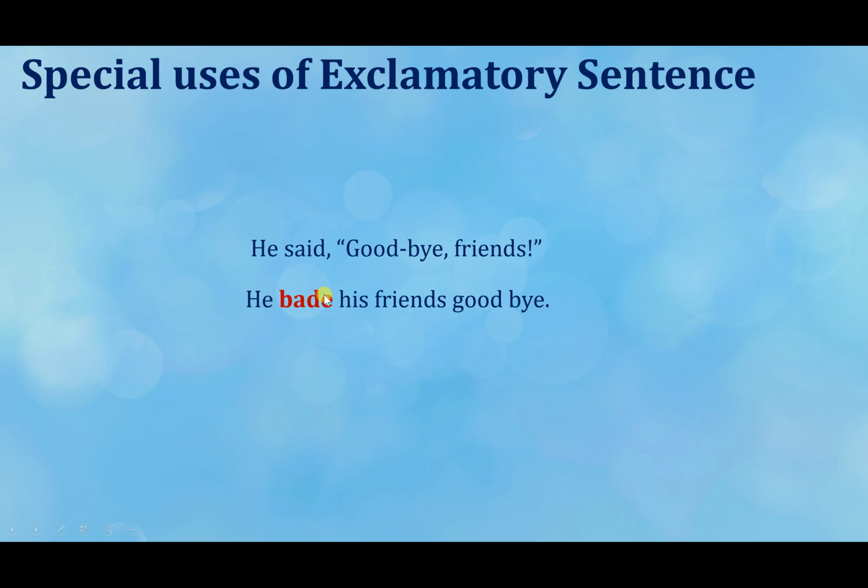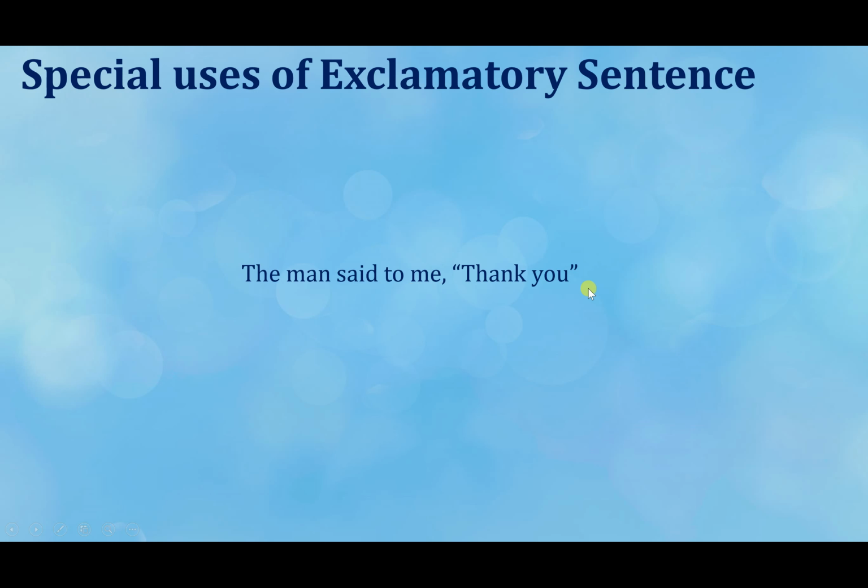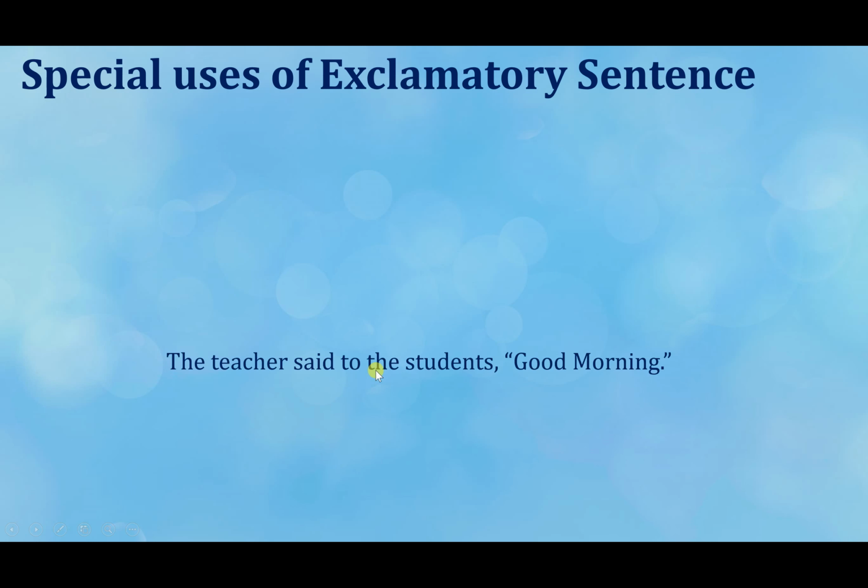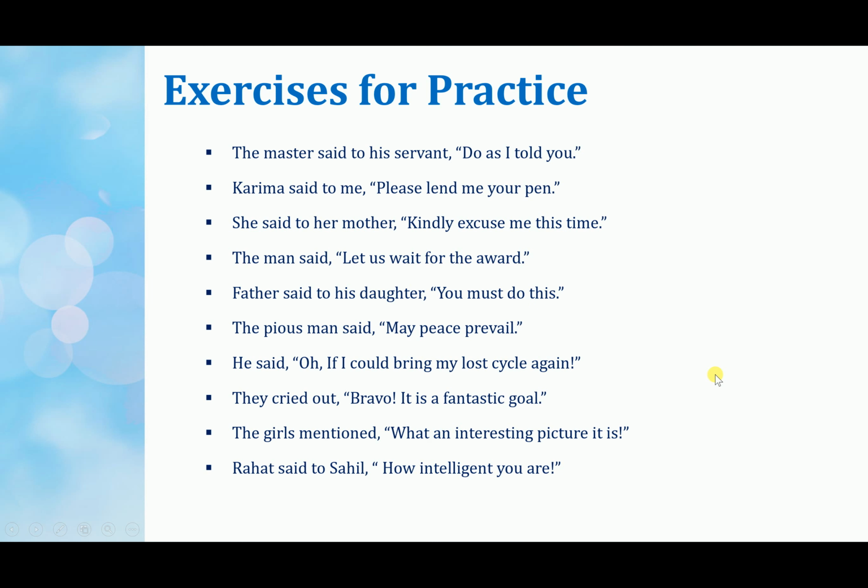Next one is the man said to me, thank you. So here you will say the man thanked me. Next one is the teacher said to the students, good morning. Here you have to say the teacher wished the students good morning, as it is a wish. So this is how you have to change from direct to indirect.